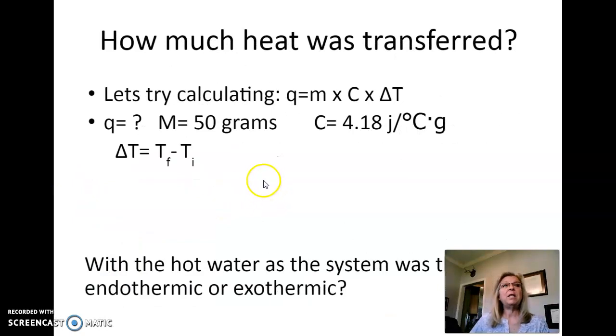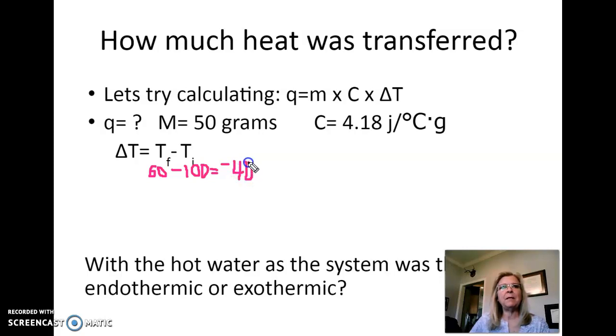All right. So how much heat was transferred into the cold water from the hot water? We want to know what is Q. We have values given to us: specific heat is 4.18, mass is 50 grams, and our final temperature comes out to 60 degrees Celsius. And our initial temperature, remember this is of the hot water, is 100 degrees Celsius. So we had a total temperature change of negative 40 degrees Celsius.